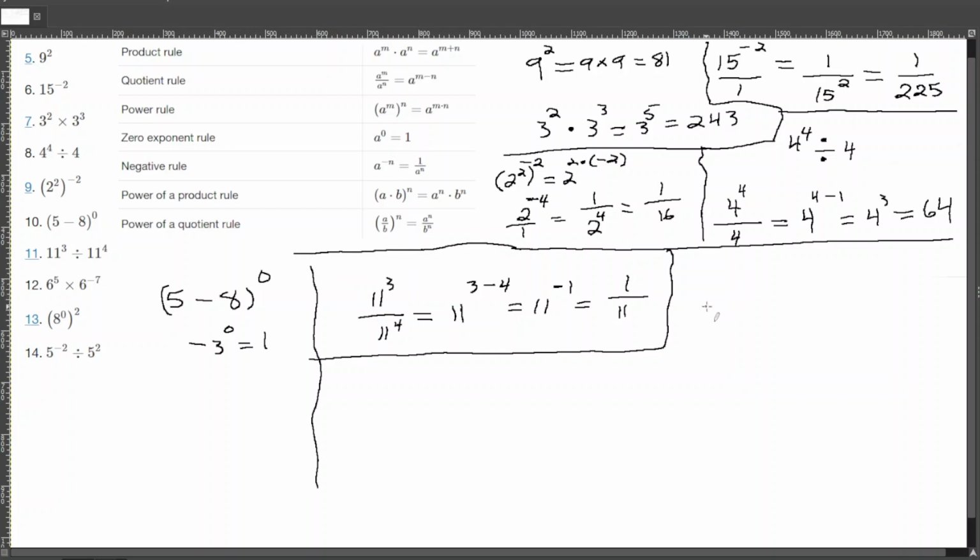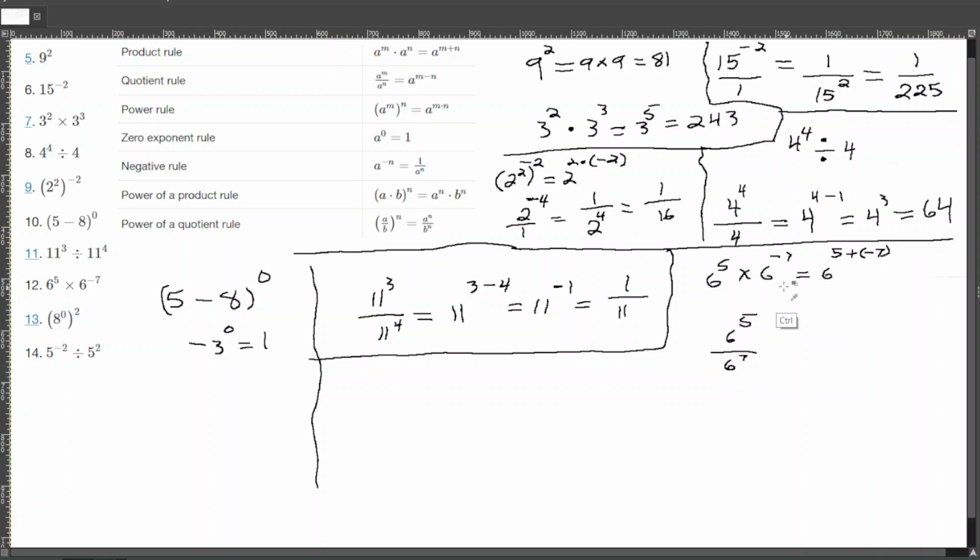Okay, so the next one, it looks like 6 to the 5th power times 6 to the negative 7th. So what we have here, right, is 6, 5 plus negative 7, right? We could also flip this, so if one of you is saying, oh, this is 6 to the 5 over 6 to the 7, yes, you are absolutely right.